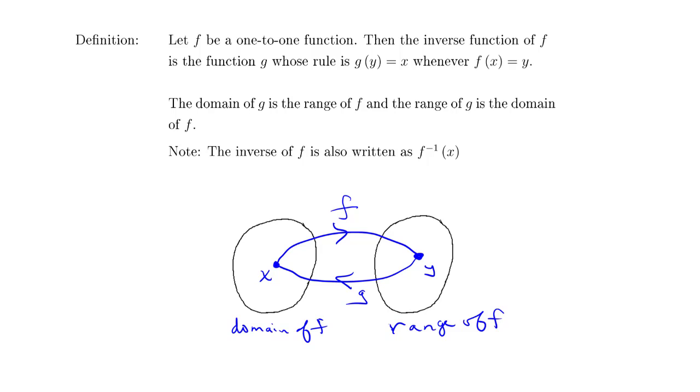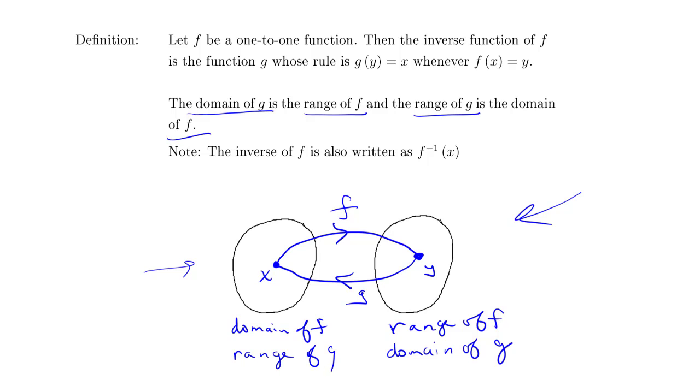Interestingly, the domain of g is the range of f, and the range of g is the domain of f. So this switches around. We start over here when we're talking about g, and this is the domain of g, and it goes over here, giving us the range of g. So f takes it one way, g takes it back the other.